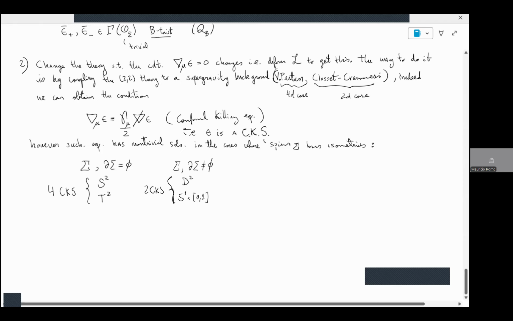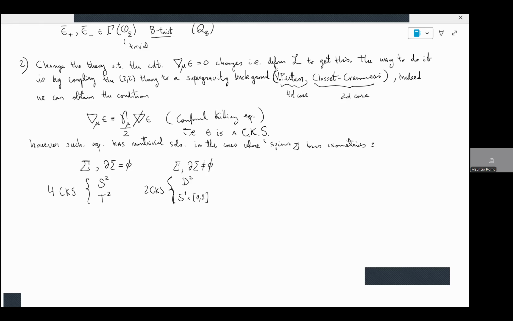But the problem for an arbitrary geometry is that this equation will have no non-trivial solution. It's the same as the other equation: if epsilon is covariantly constant, you can write that for any geometry, but you only find non-trivial solutions for flat geometry.